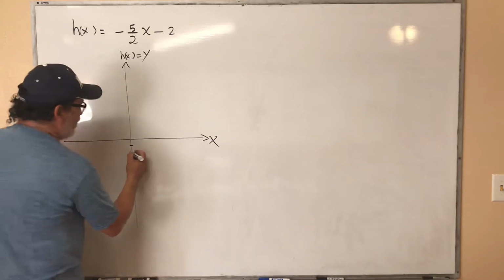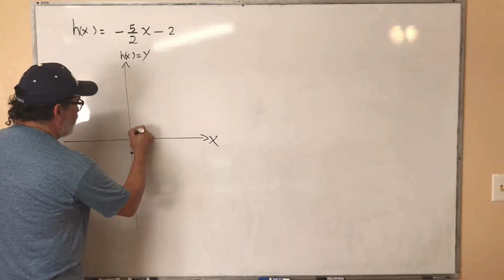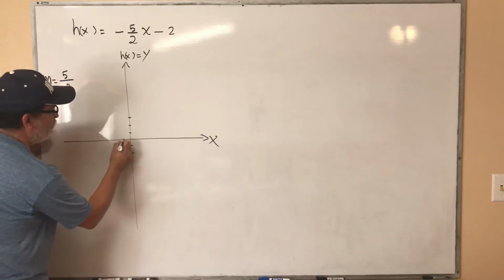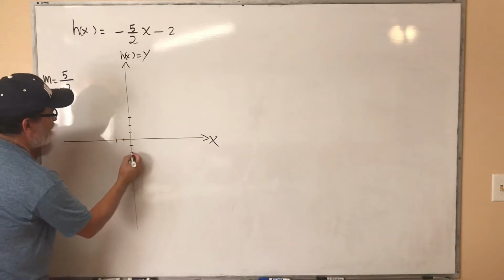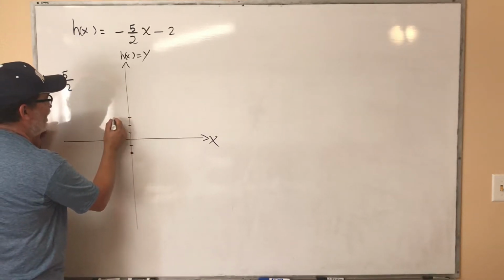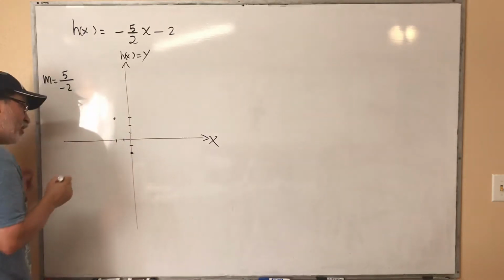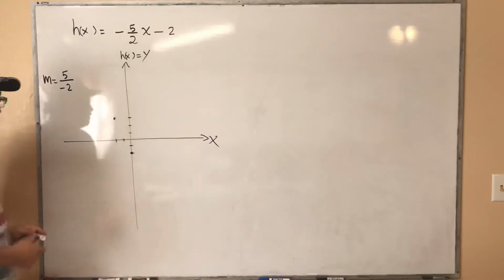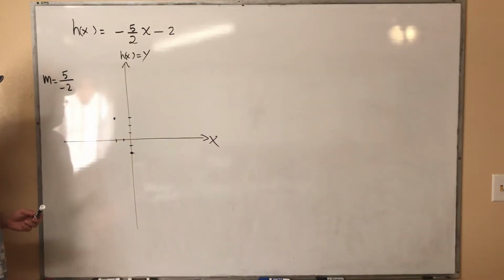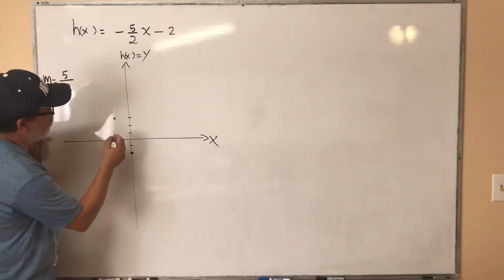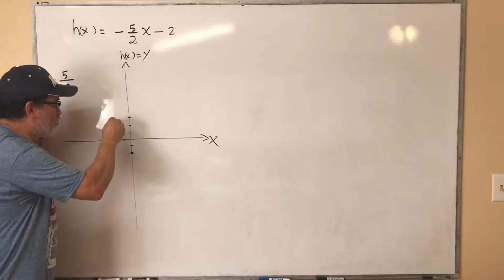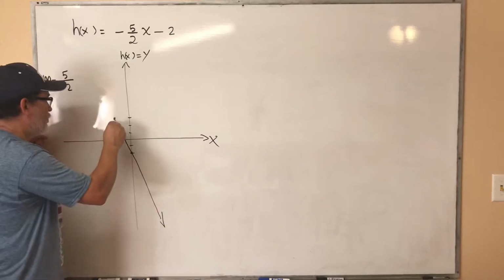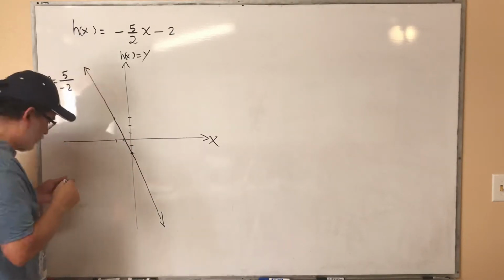So rise 5, 1, 2, 3, 4, and 5, and run 2 left. 1 and 2 left, so rise 5 up and 2 left, and this one here is another point in this function. Yep, it's another point. And so we connect the 2 points, good class, and there we go.